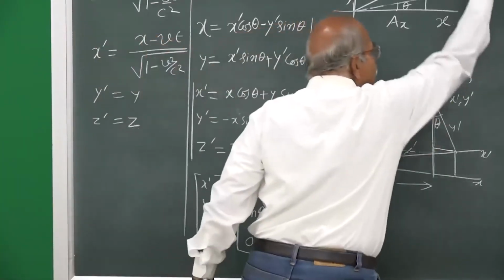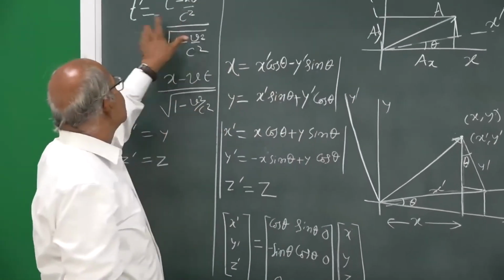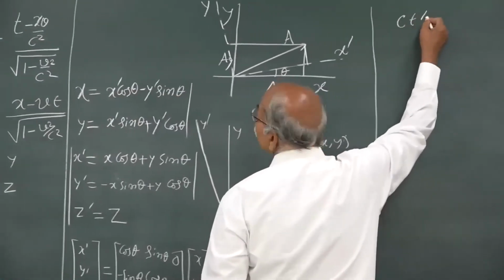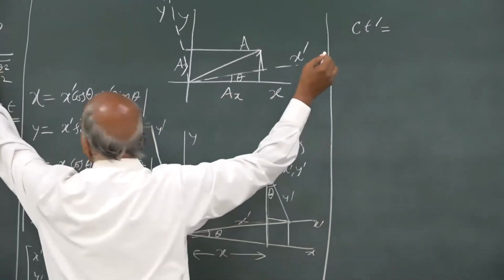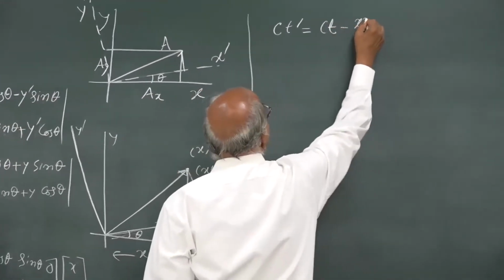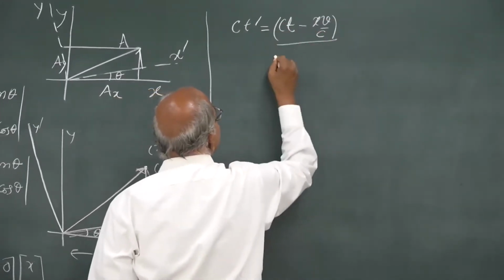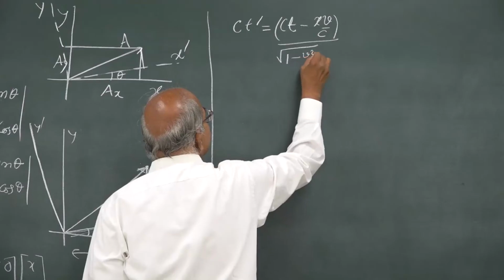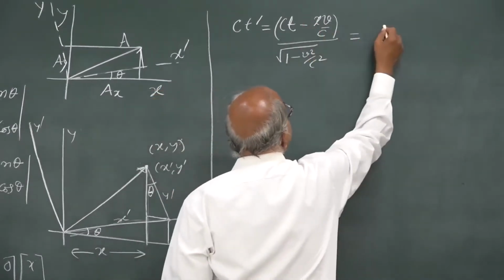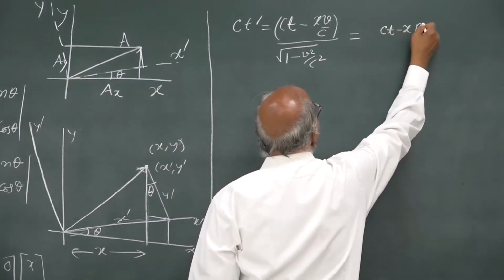Now, let me work on the Lorentz transformation, this one, and let me multiply the first one by c. So, it is ct prime is equal to ct minus x v by c, and then this whole thing divided by square root 1 minus v square by c square, and let me write it as ct minus x into beta, times gamma.